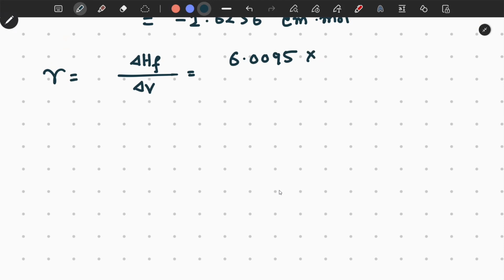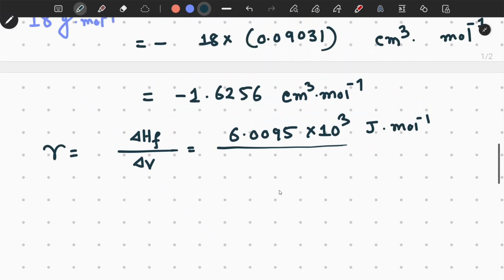So it is 10 to the power 3 joule per mole. And the denominator is obviously with a minus sign, 1.6256 centimeter cube, and mole inverse we cancel.